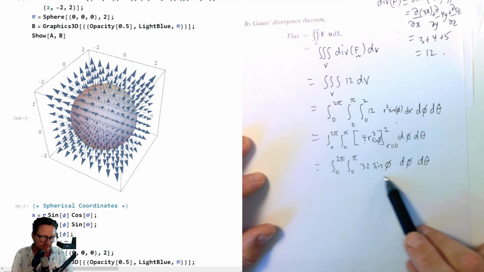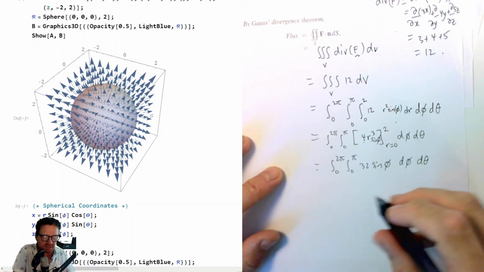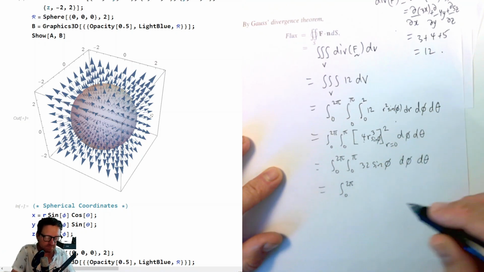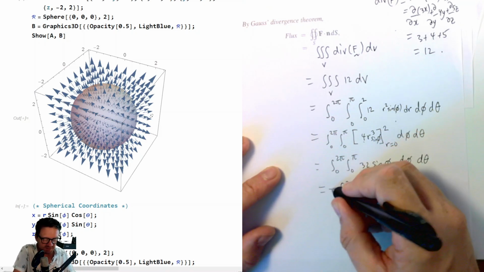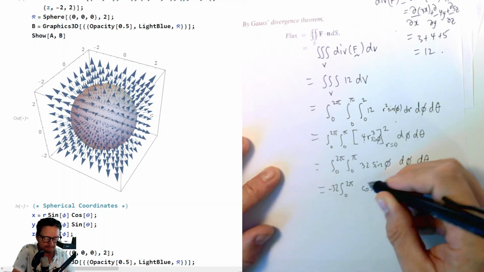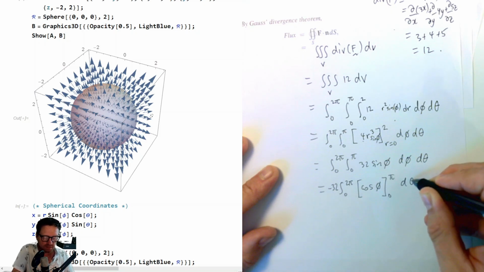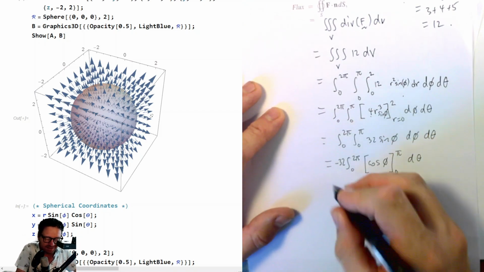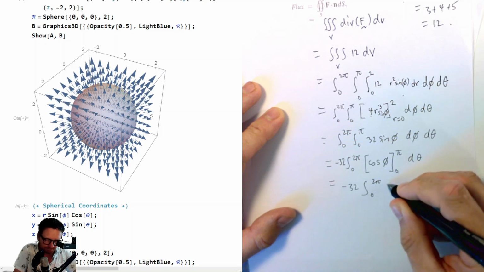All right, so next we've got to integrate sine of phi with respect to phi. So we've got minus cos. Let's pull the 32 out. Actually, let's pull a minus 32 out. So then we just have cos of phi, 0 to pi d theta. Okay, and so then next, minus 32, integral from 0 to 2 pi.